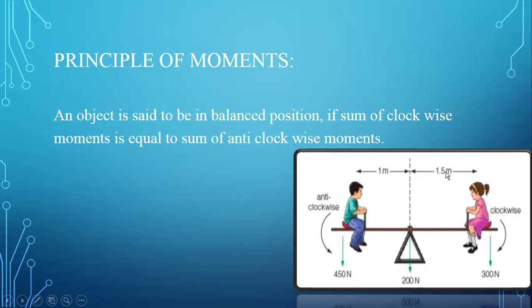The girl is sitting 1.5 meters away from the axis of rotation, whereas the boy is present 1 meter from the axis of rotation. So clockwise moment should be equal to anti-clockwise moment. According to the principle of moments, then this beam remains in the balanced position or equilibrium position.